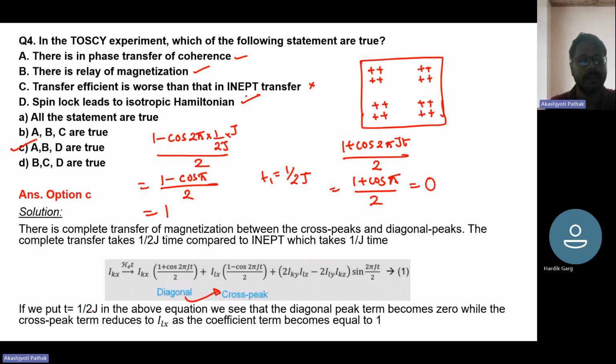So this 1 by 2J means it will take less time, right? This will take less time than this.